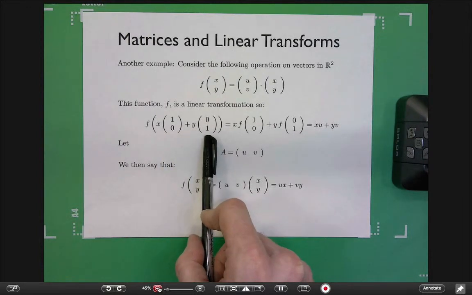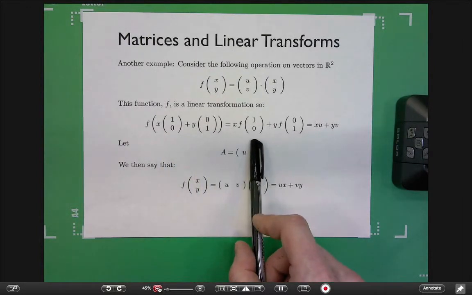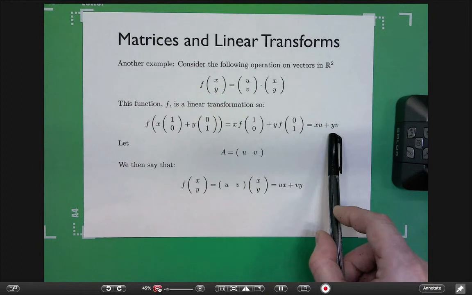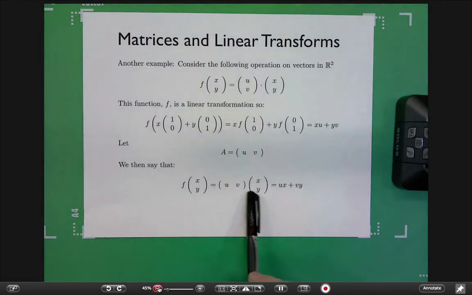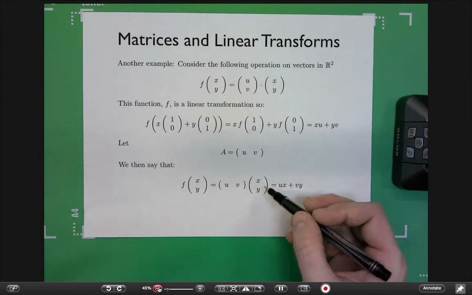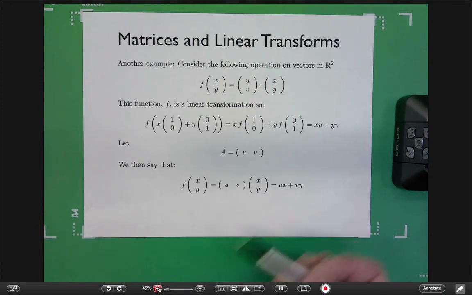Let's just finish this quickly. On (1, 0), this gives me just u. On (0, 1), this gives me just v. So I can write it as a matrix vector multiplication where the matrix just has one row, the matrix (u, v), and my vector is again still (x, y). So this is another example of how to represent a linear transformation with a matrix.